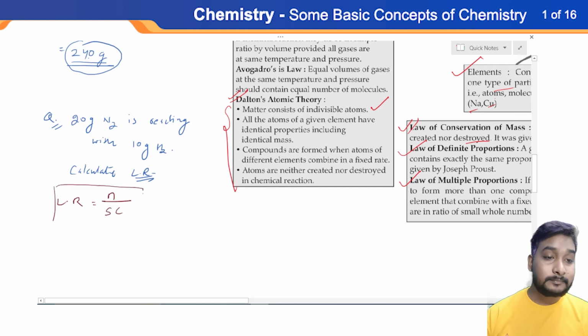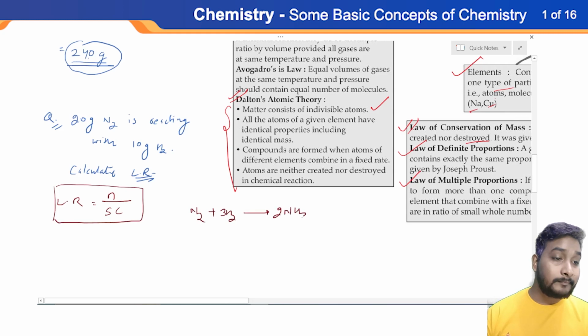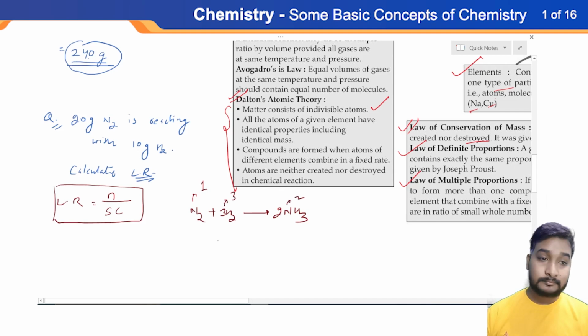That's it. How? First of all, write down the reaction. N2 plus 3H2 gives 2NH3. All the digits that come before the molecules are stoichiometric coefficients. Like for nitrogen it is 1, for hydrogen it is 3, for ammonia it is 2.